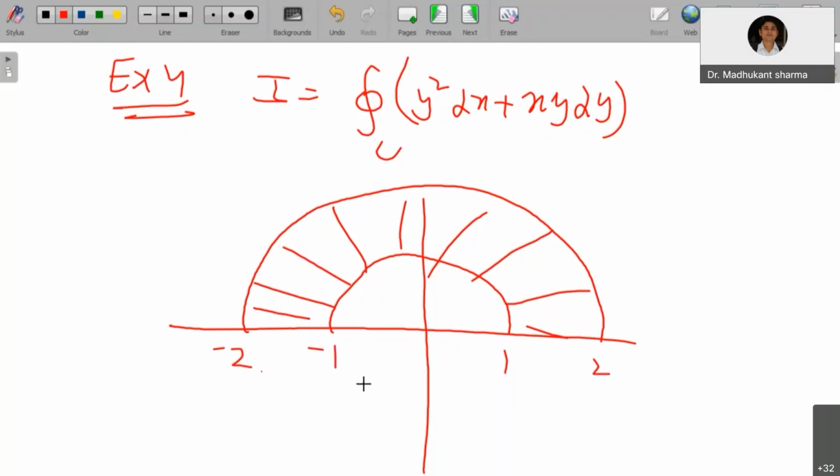Okay, and again, to apply Green's theorem, what you require is that the curve is positively oriented.